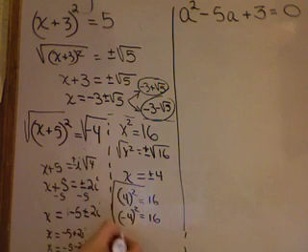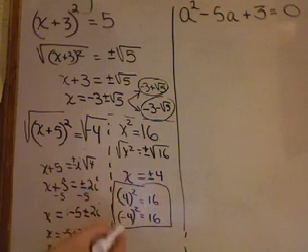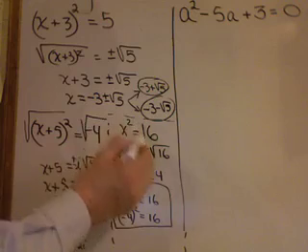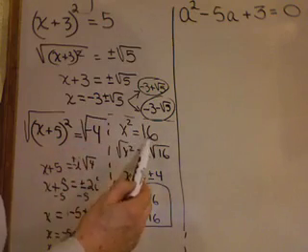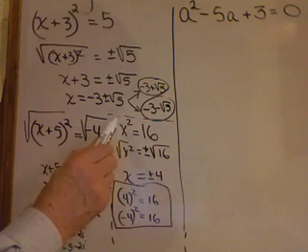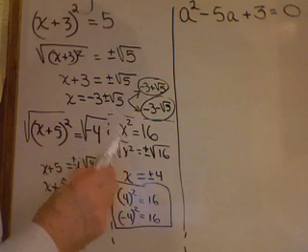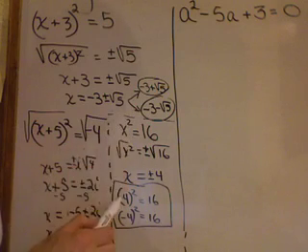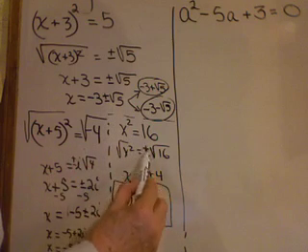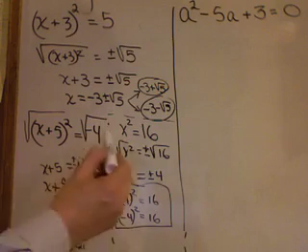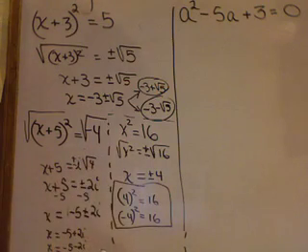Maybe this example makes it easier to understand that when I take the square root of both sides, even though the principal square root of 16 is 4, because I didn't know what was squared on this side, it could have been 4 squared or negative 4. I have to always put a plus or minus when I solve by taking the square root of both sides.